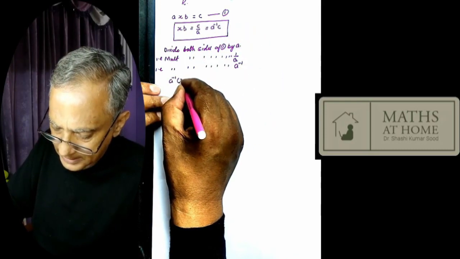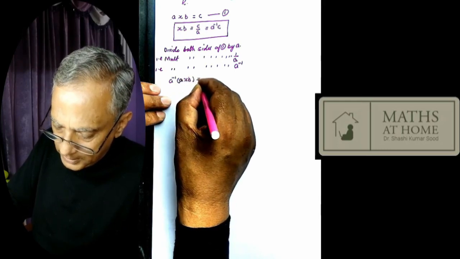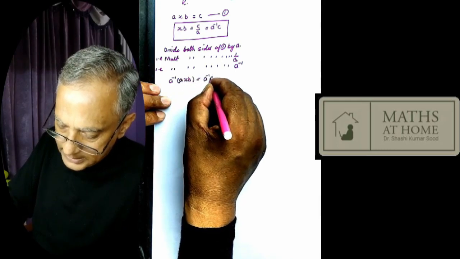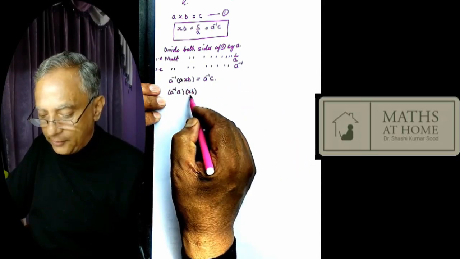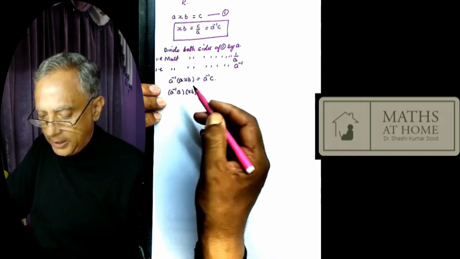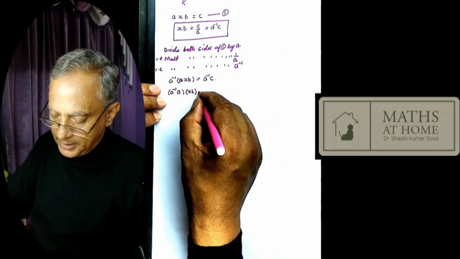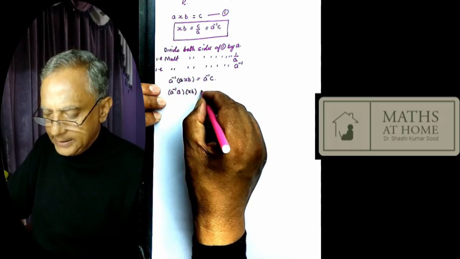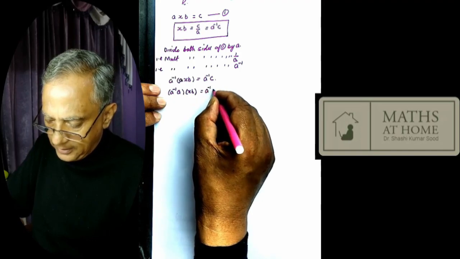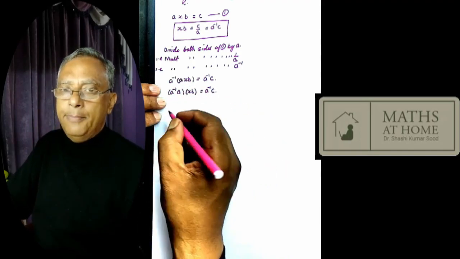A inverse A X B is equal to A inverse C. Because the associative law is true for multiplication in real numbers, we can associate these two and these two and we get A inverse C. We can change the position of the bracket.